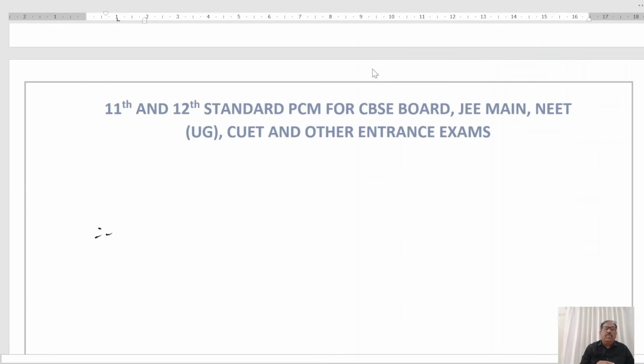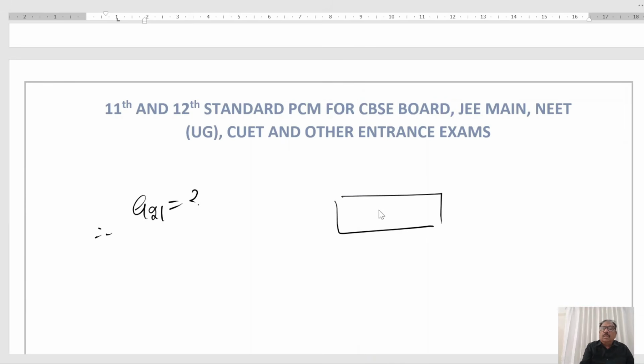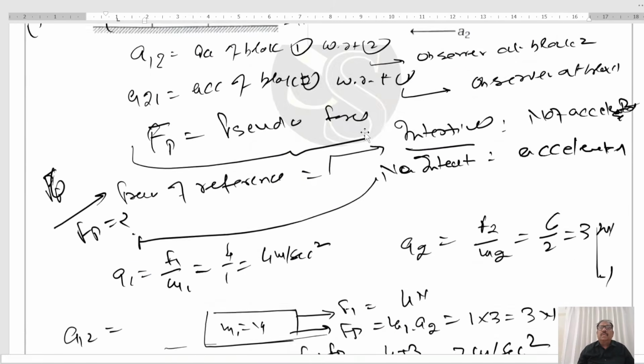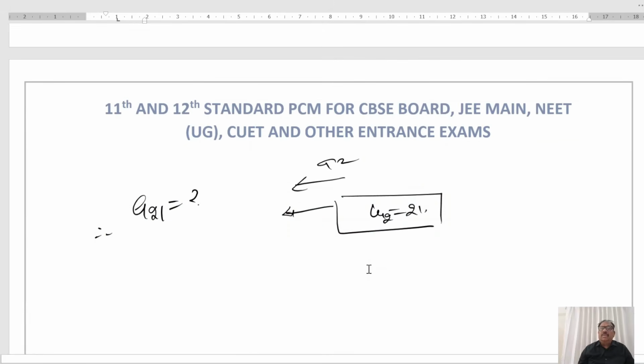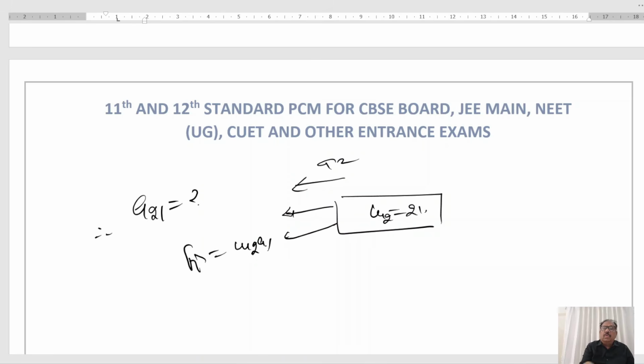Similarly, for A21, this is M2, that is 2 kg. F2 is acting on this one. A2 is in this direction. A1 is moving to the right side, so the acceleration of the frame is on the right side. So the pseudo force on M2 will be on the left hand side. This Fp will be equal to M2 into A1.